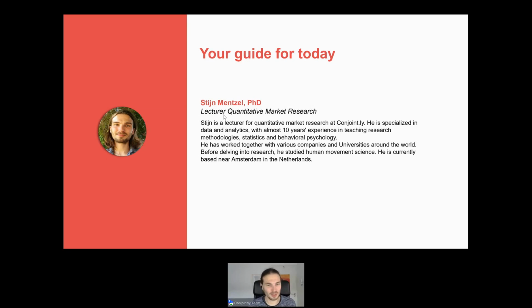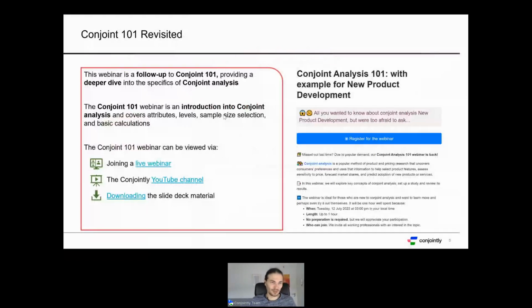But enough about myself. Let's give a brief recap to Conjoint Analysis 101. For those that were wondering why today is called 102, that's because we also have a 101 course. Now, don't be too afraid if you haven't seen that one yet, because I will recap the most important elements in the next 2 slides. But if you want to have a look at it, we have the webinars.